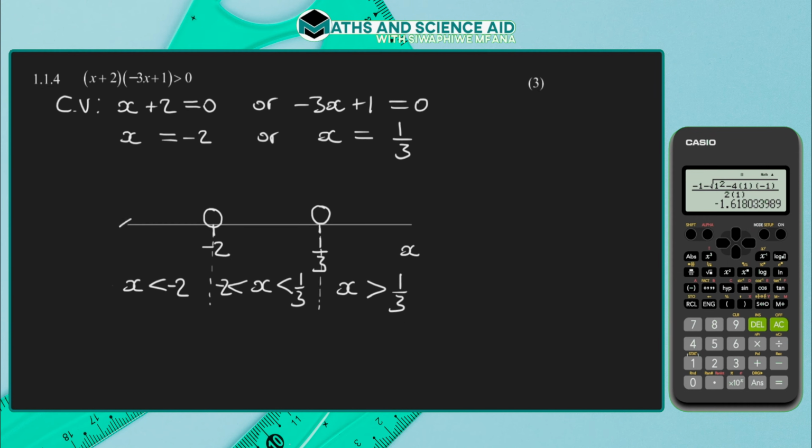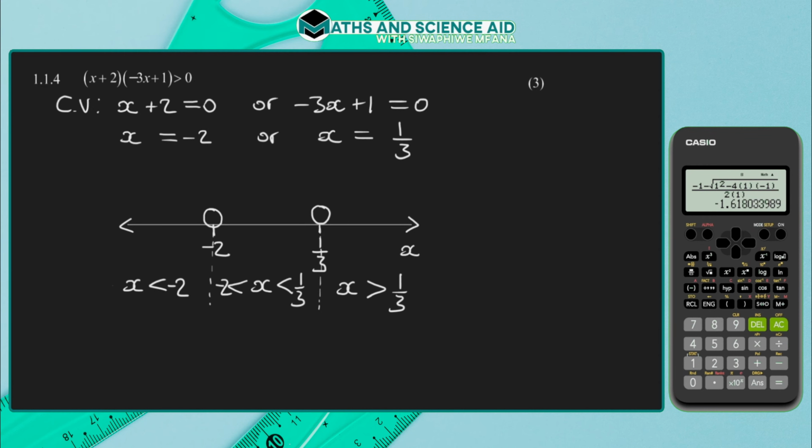And now for each of these intervals, we need to determine the sign of the expression. So for an example, we can take any value of x that is less than negative 2 and just plug it into this expression and see the sign of the number we get.